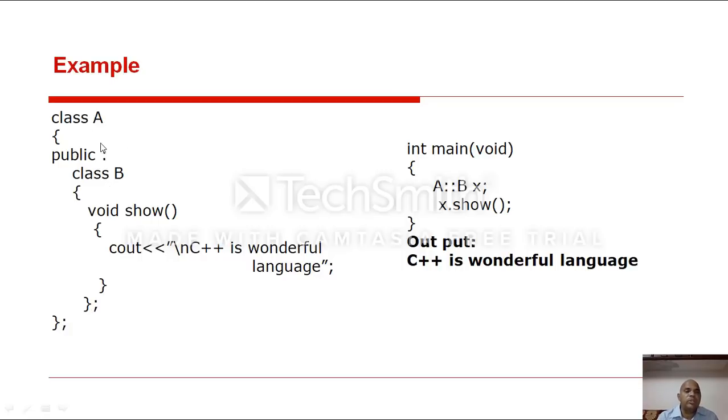Simply here class A, then the next one is class B. So this is an inside class or nested class. In nested classes, the scope of the inner class is restricted by the outer class.